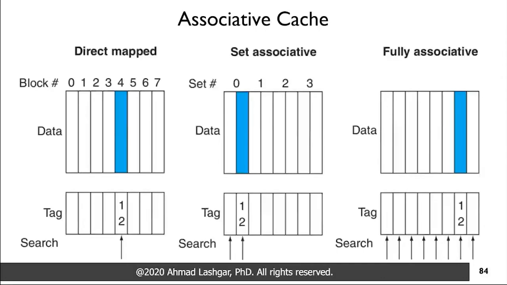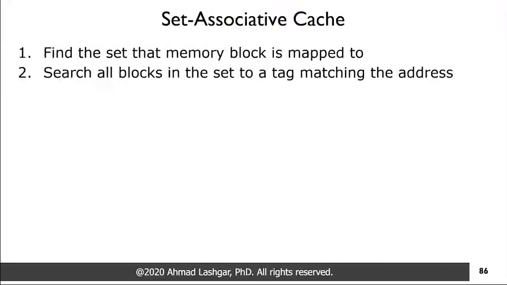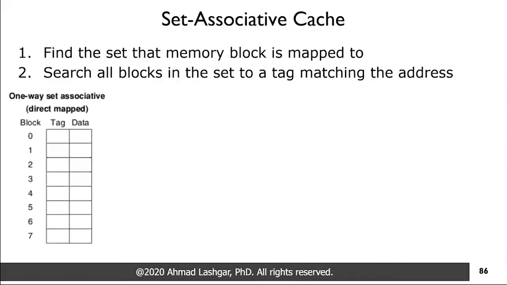A trade-off in between fully associative and direct map is called set associative. Set associative has few sets that work like direct map, and within every set, there are multiple choices. And within every set, we work like fully associative. Looking up the cache using set associative is done in 2 steps.